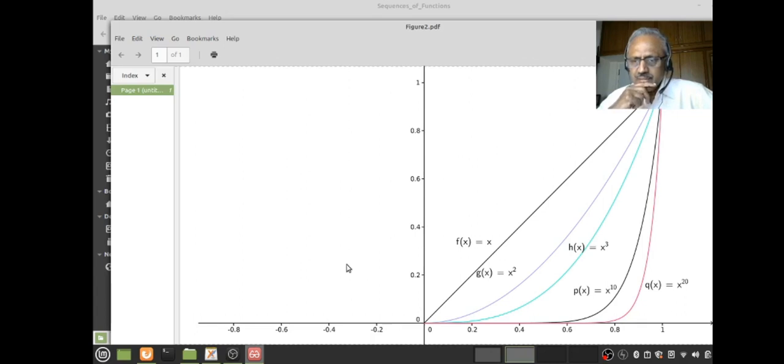If n is very large, you know that x to the power n for 0 less than or equal to x less than 1 goes to 0, right? Therefore x to the power n will be very, very close to 0. That's why when n is 20, it goes almost like 0 up to 0.7. Here you can see up to 0.6, this up to 0.